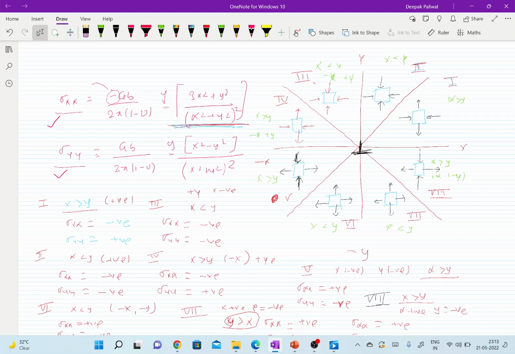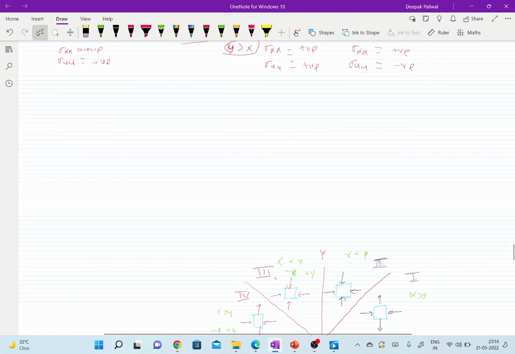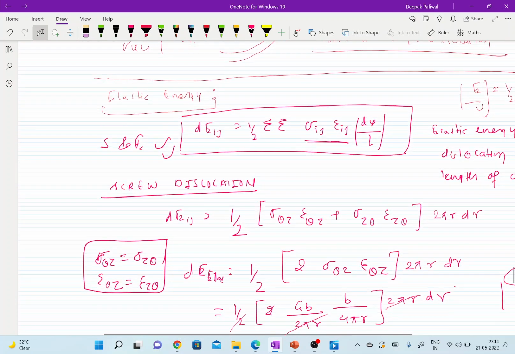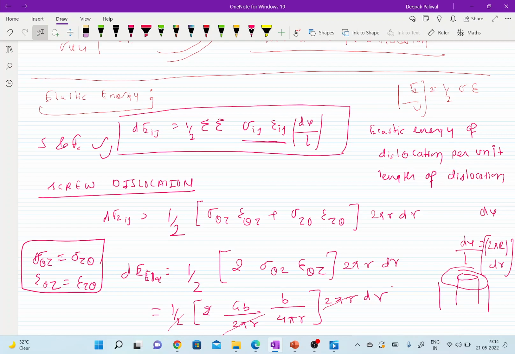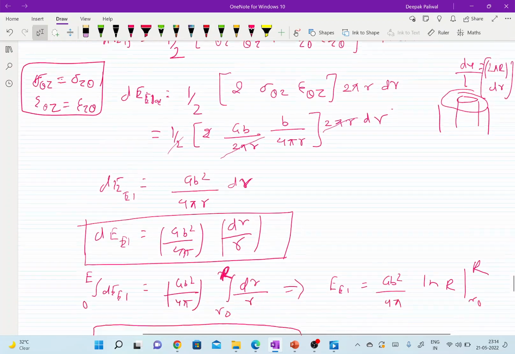Then we have seen the stress field, or the nature of the stresses acting on elements at different locations around the edge dislocation. Then we have seen the elastic energy of the edge dislocation and the screw dislocation.